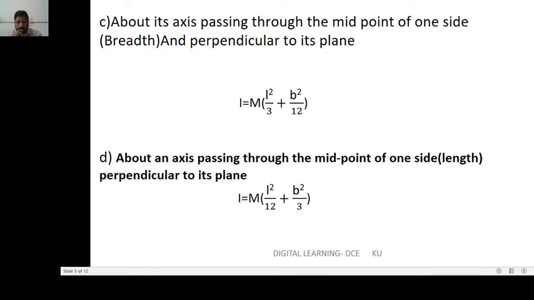And the fourth, moment of inertia about an axis passing through the midpoint of one side, that is length, and perpendicular to its plane is given by the formula I equals m into L square over 12 plus B square divided by 3.